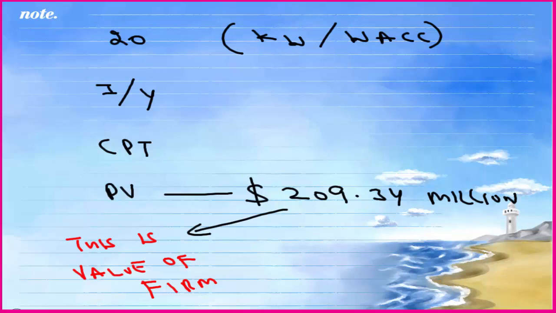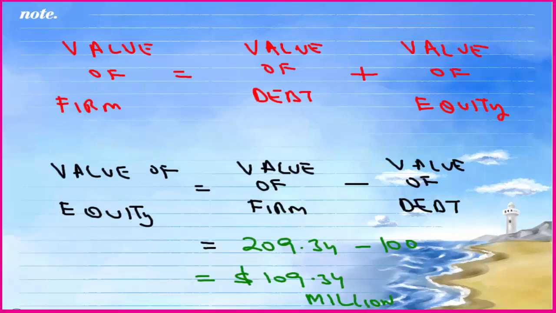I have discounted it and calculated the present value, and that is coming to be $209.34 million. So value of firm, we are all aware, is debt plus equity. Value of debt is generally equal to book value of debt, and book value of debt is 100 million. So if I subtract 100 from 209.34, the balancing figure will be $109.34 million. This is the value of equity.